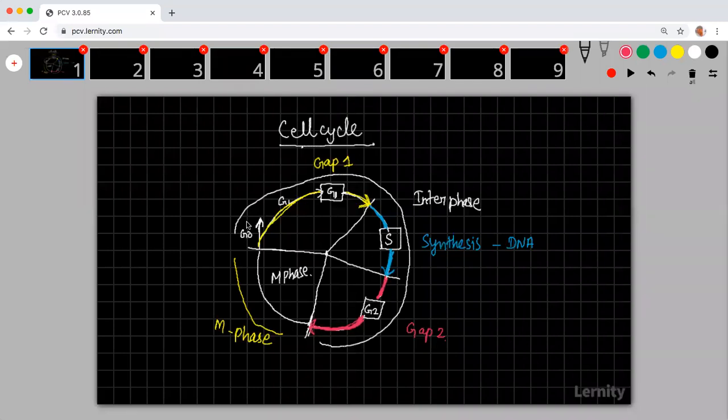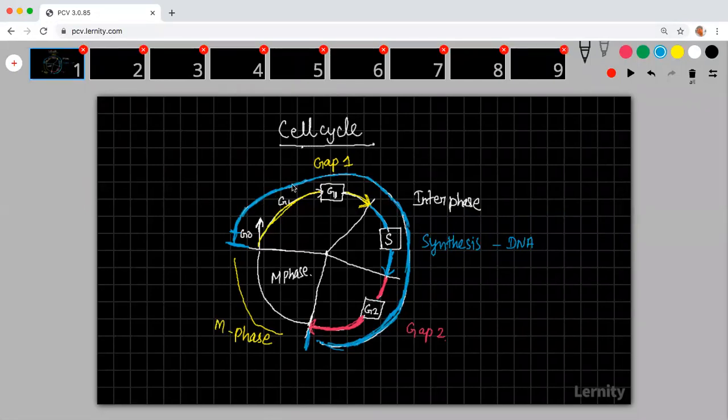Interphase starts here. As soon as the cell division is over, the interphase will start, and then it will go on up to the M phase. This entire blue line which I am drawing is interphase.